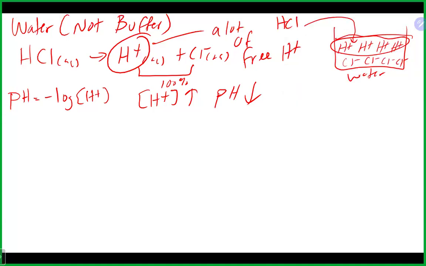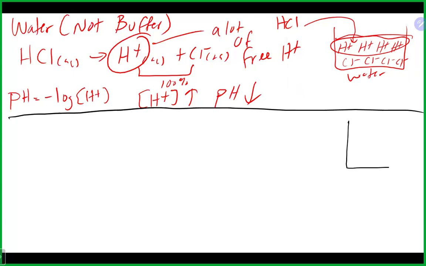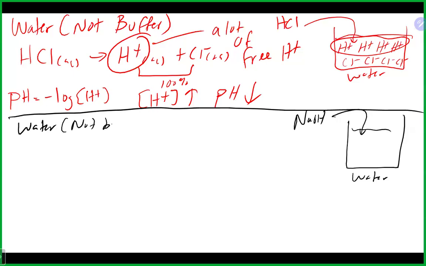Now, what happens if we take the same water, which once again is not a buffer, and we add sodium hydroxide to it, which again is a strong base. It also, as we've been talking about, will 100% break apart into sodium ions and hydroxide ions.